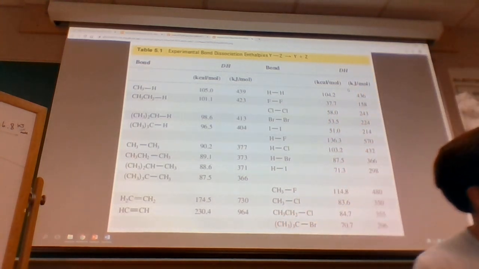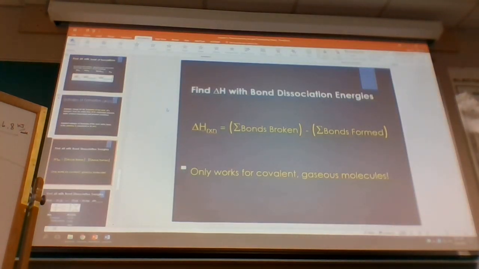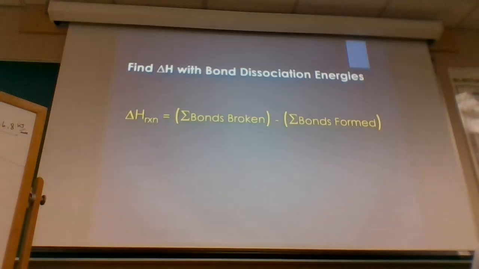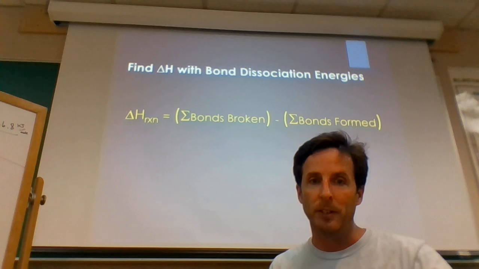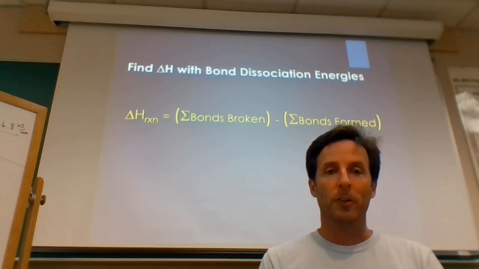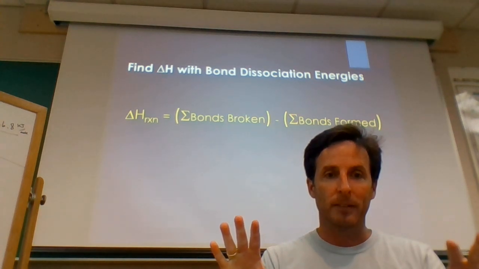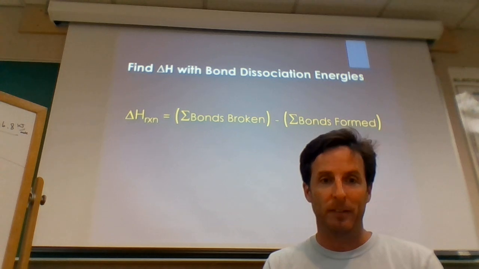So let's go to our equation. When we're doing these, our process is going to be very similar to what we did a minute ago with heat of formations. With heat of formations, we look in the appendix, and I said that you're going to do the products minus the reactants. With bond dissociation energies, it's going to be the opposite.